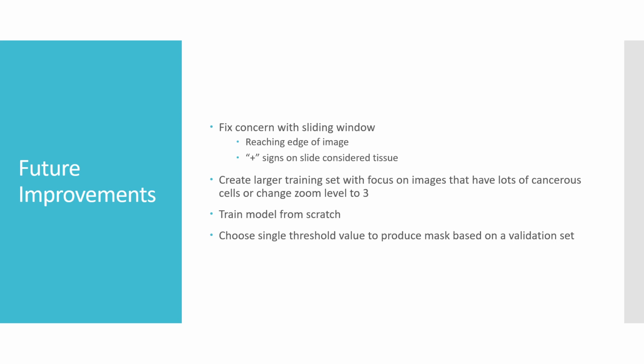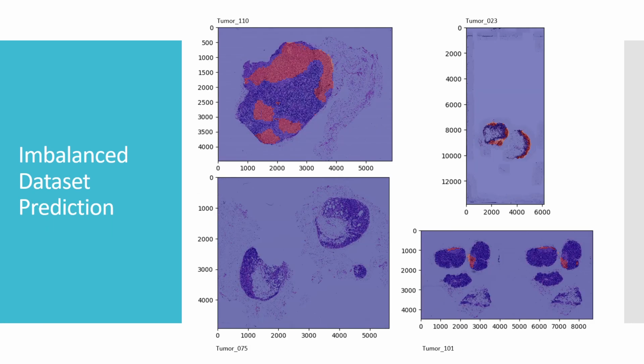So basically, if I were to make suggestions with a clinician about what's going on here, I would say the model is not yet at a place where it can really be reliably used to detect cancerous cells on a slide, but I think it could at least be used to detect areas that are worth giving a second look if maybe the pathologist misses something, because if I were to use this model from the imbalanced data set, aside from tumor 75, it does manage to identify areas that have some cancerous cells.